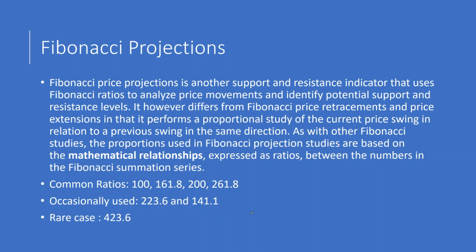You see one thing, that these are all beyond 100%, right? So once this swing is crossed, then we use these ratios. So it will tell us where the price can meet resistance on the upside.